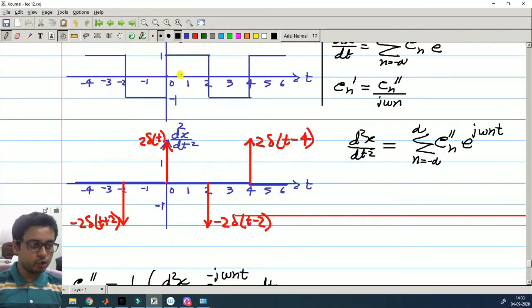Let me choose a cycle from here to here. Call these points A and B. This is a complete cycle.